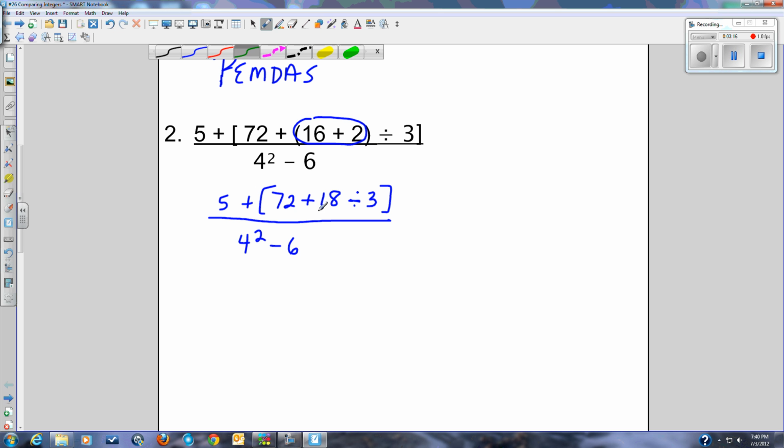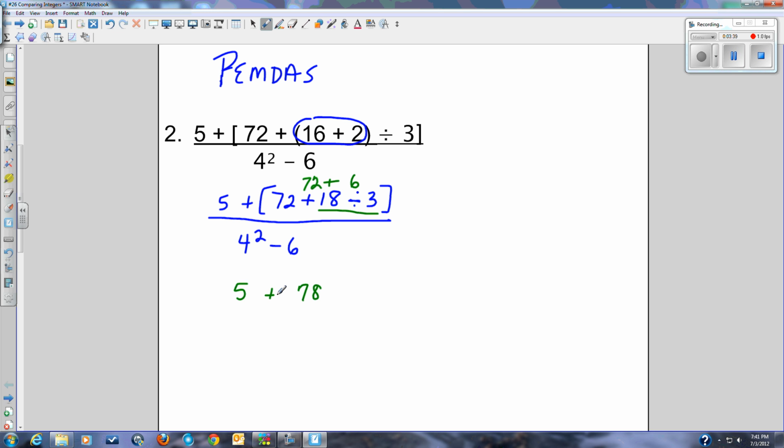Well, division comes first, so 18 divided by 3 gives us 6. So now in those parentheses we're left with 72 plus 6. I'm just going to write that up above. And 72 plus 6 gives us 78. So now we've simplified 72 plus 6 down to one number, 78.